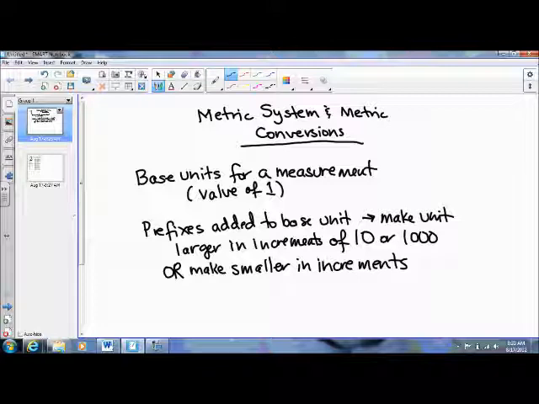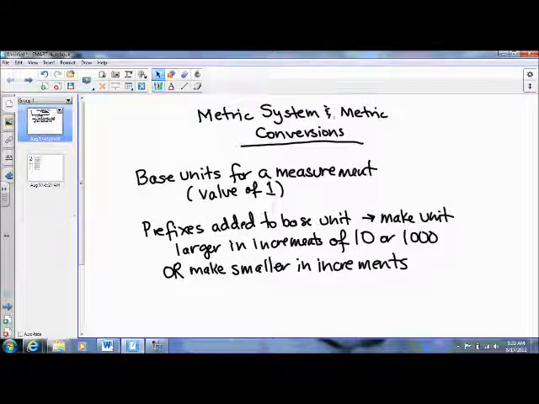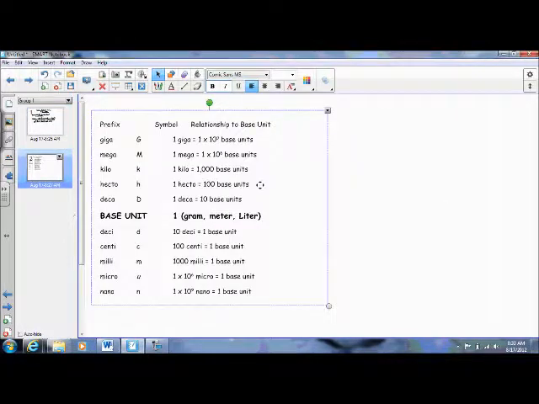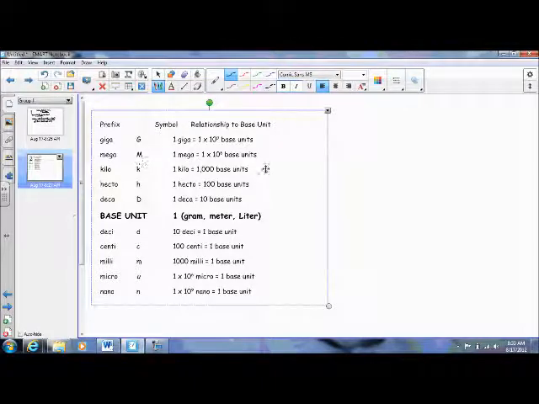Now, you're going to need your metric unit conversion sheet, and you're also going to need your scientific calculators for this. Okay, this picture right here, this is what your worksheet looks like. We're going to go over some things for you.